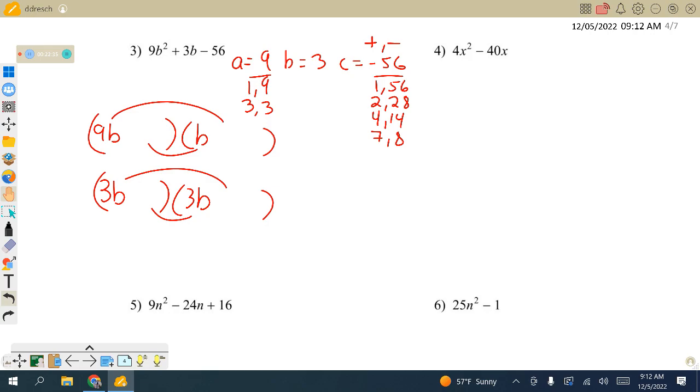I'm going to at least take that 2 and think, is that going to get me close to a 3 somehow? 3 times 2 is 6, and 3 times 28 is a large number. Is a 6 and a large number ever going to get me to a 3? No, that's not going to happen.